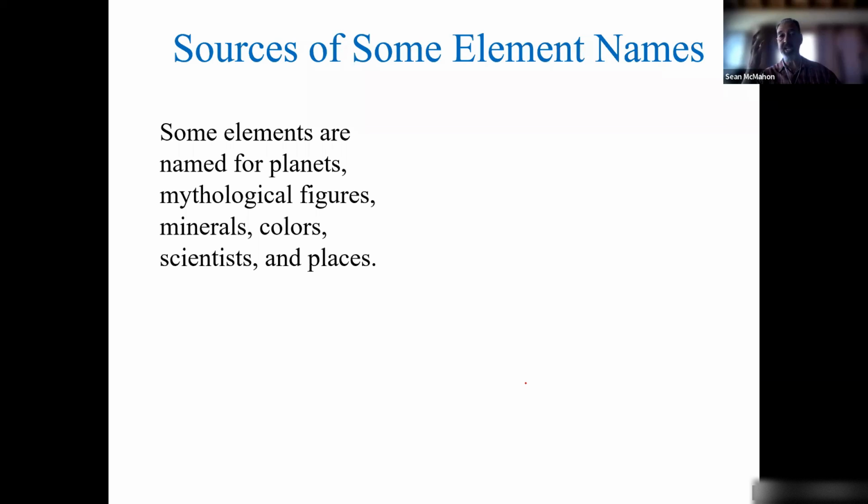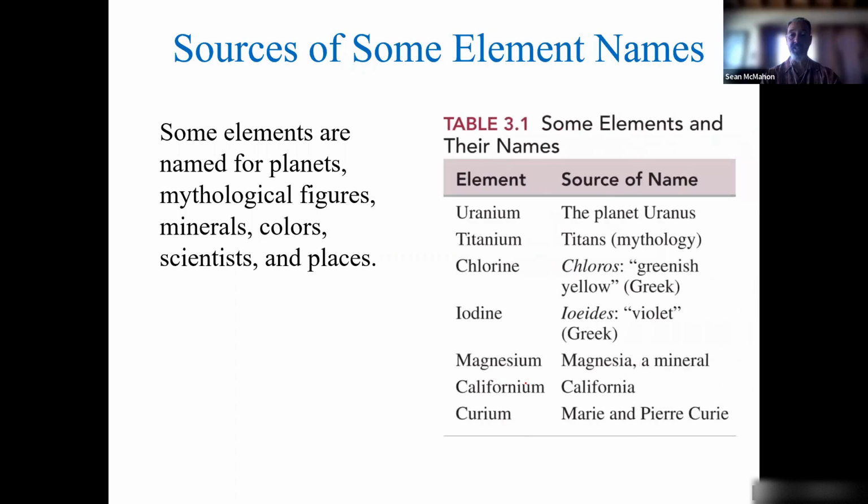So where do we get the elements' names? Well, a lot of these were named long before the English language was so common, right? But some of them are mythological, some are from planets, colors, minerals, scientists, places. And I always like to show, well, like uranium, right? That's from the planet Uranus.